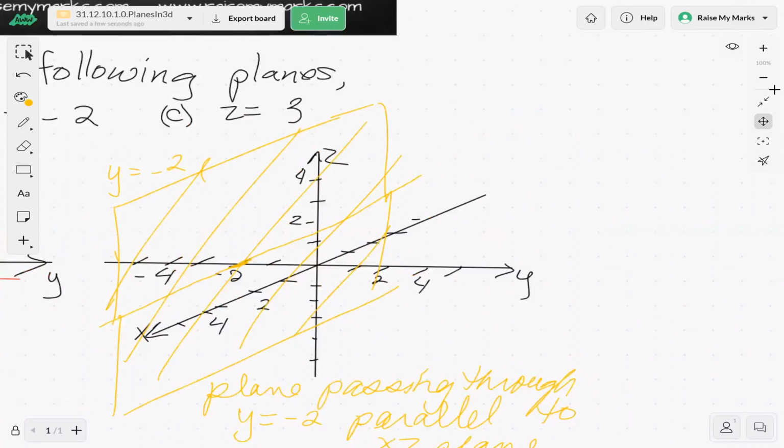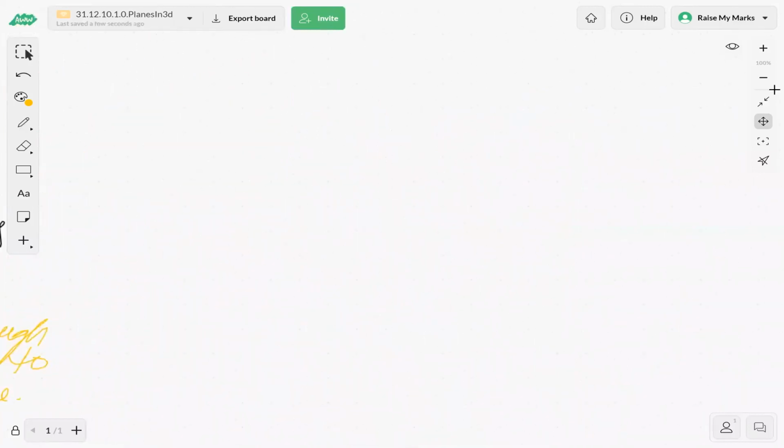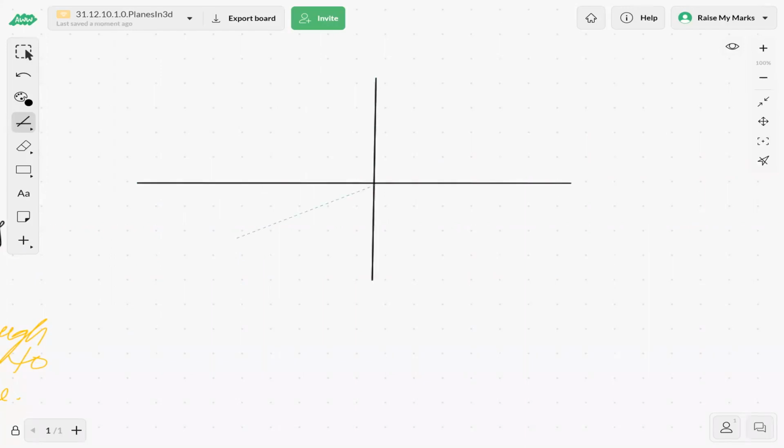So finally, z equals 3. So let's scroll all the way over to the right. Let's draw in our axes again. I'm sure you can figure this one out. Let's put in some markers. Label our axes.